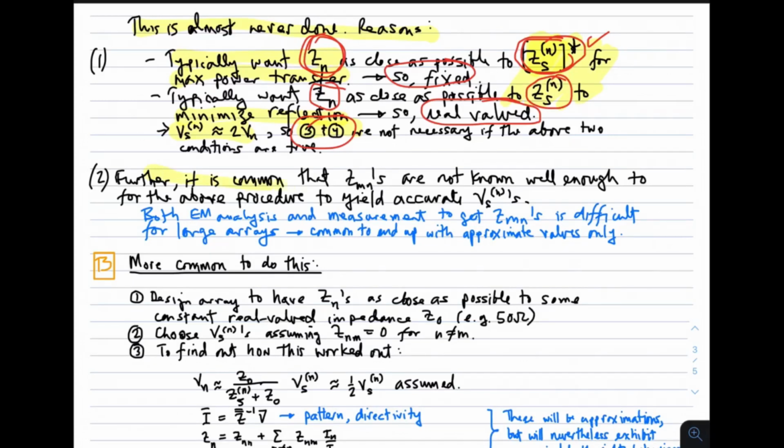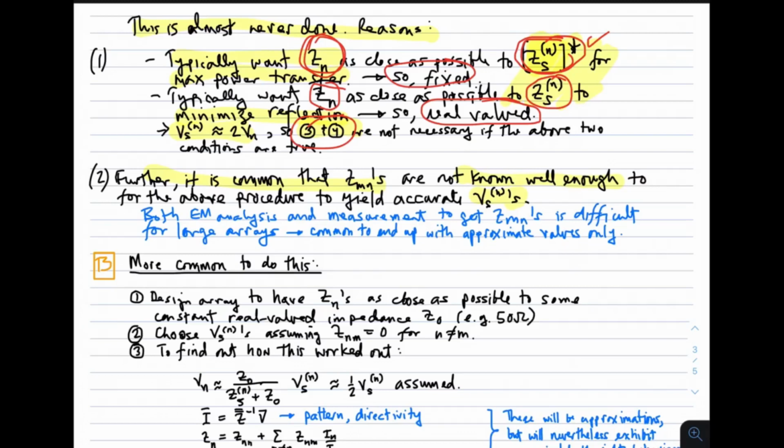Furthermore, it's common that the mutual impedances are not known well enough for the above procedure to yield accurate values for setting those source voltages. And the reason is because for anything but the most simple arrays, say arrays of simple thin dipoles, you're going to probably require some sort of full wave solver, some electromagnetic simulation software that can tell you what the mutual impedances are going to be.